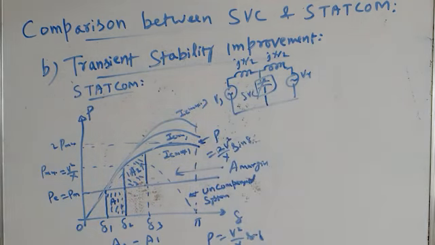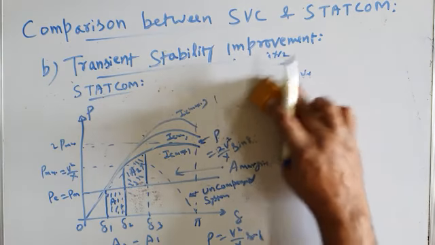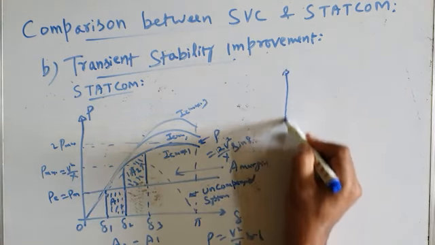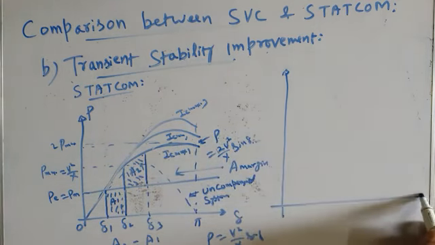This is a symbolic representation of SVC. This is also a shunt compensator, and it will also result in transient stability improvement, which I can show on this side.